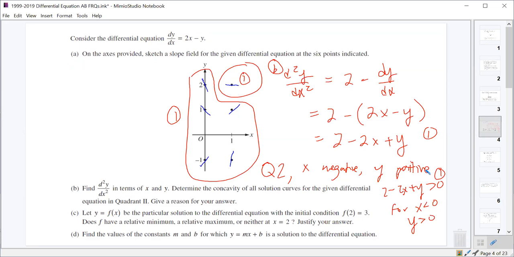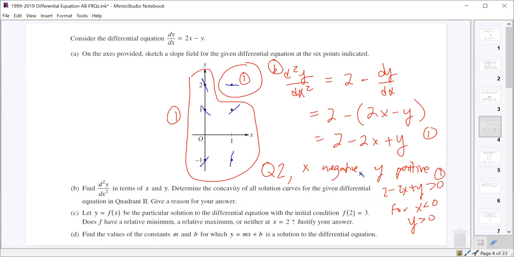Good or no? Do we need that sort of algebraic reasoning there? Or could we have just reasoned it out using words, or do we have to show that 2 minus 2x plus y is always greater than 0 and break it down that way?